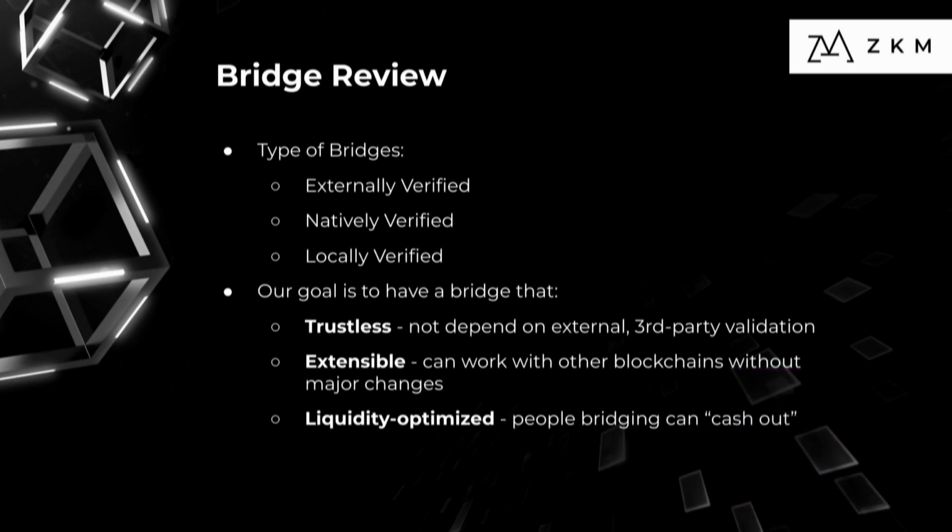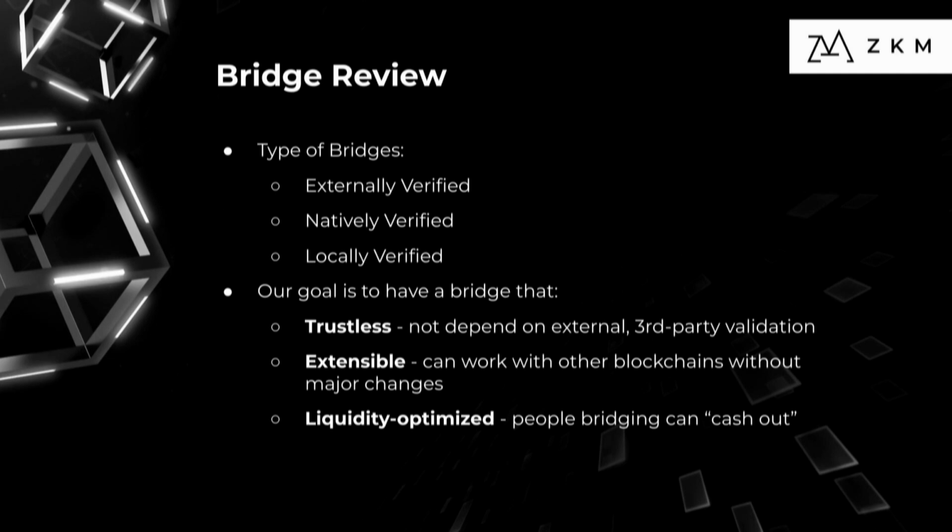Let's sum it up. We've reviewed the different types of bridges: externally verified, natively verified, and locally verified. Ideally, we want a bridge that is trustless. So third-party validation, externally verified, is out of the question, at least in what we're looking for. We don't want to depend on and trust someone else to facilitate the bridge transaction.